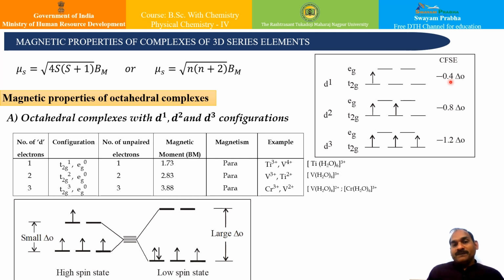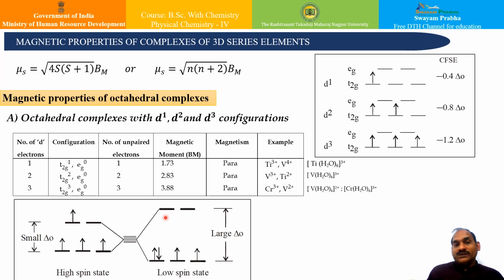So what is pairing energy? Pairing energy is the energy which is required for two electrons to pair up in the same orbital, like here.